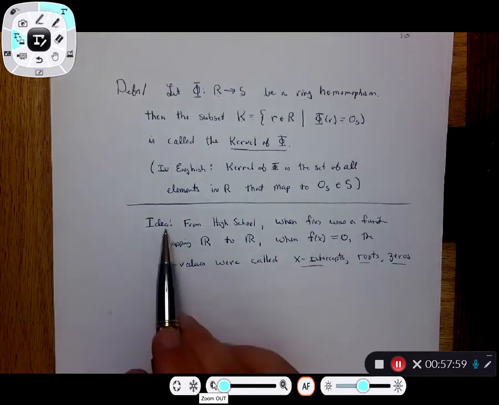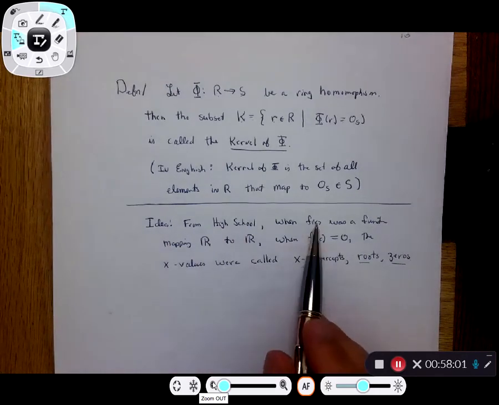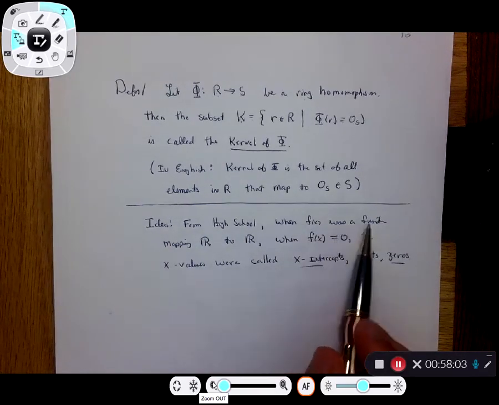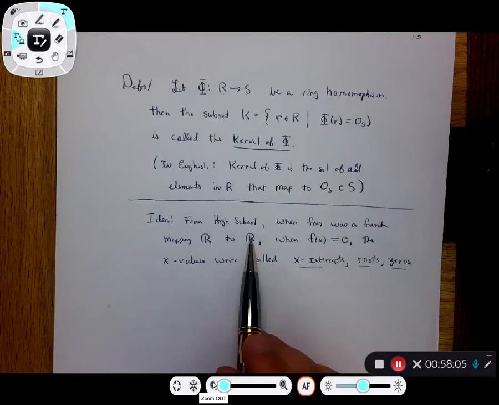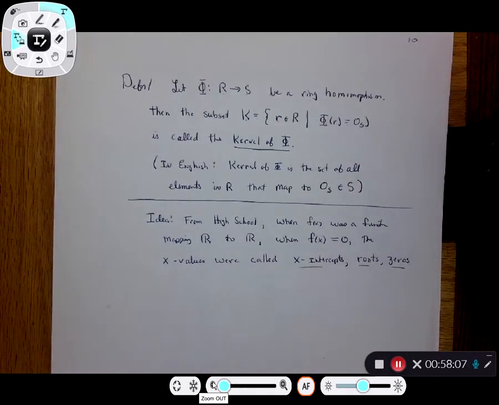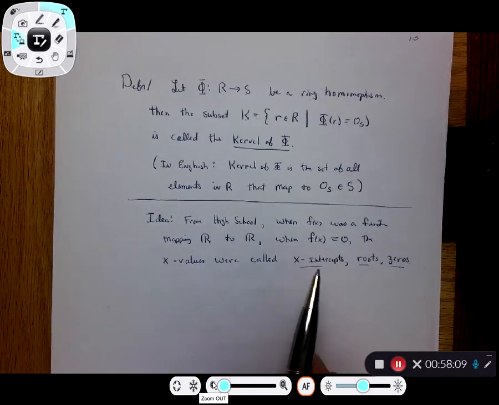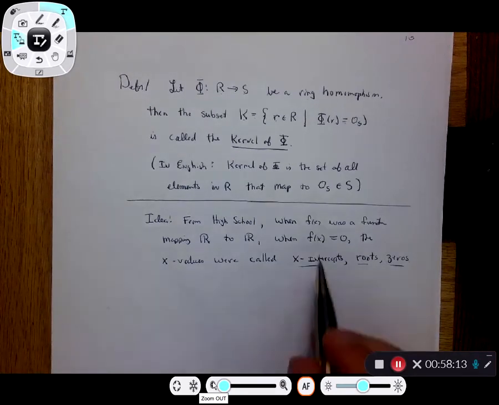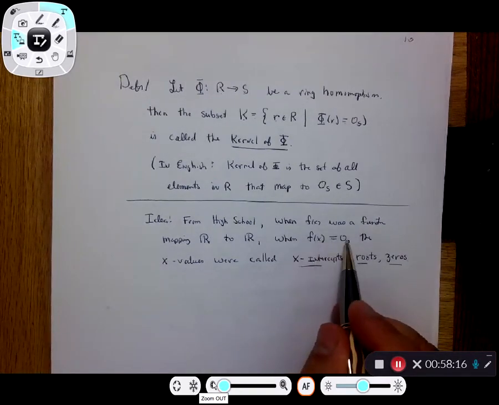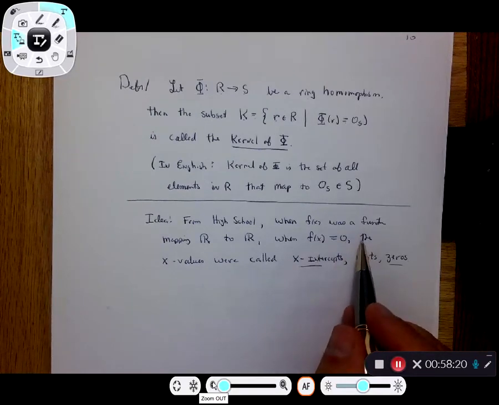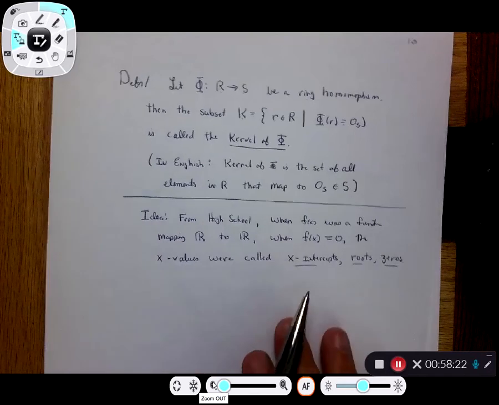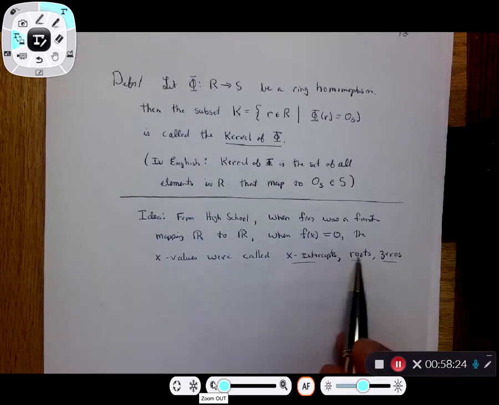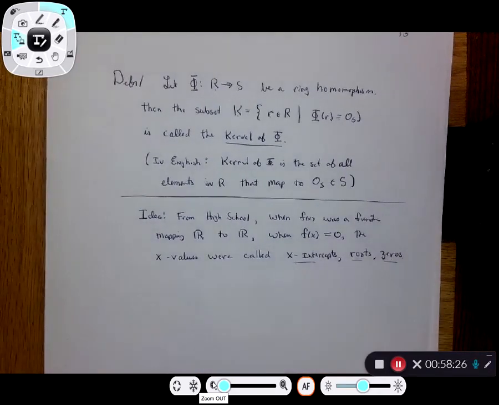From high school, when we looked at f of x, a function mapping from the reals to the reals, and we were graphing it using our calculators, we looked at something very special. That very special concept was setting f of x equal to 0, and then we focused on the x values. The x values were called x-intercepts, same thing as roots or zeros, depending on which textbook you use.